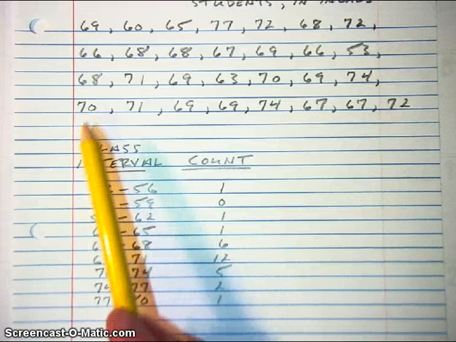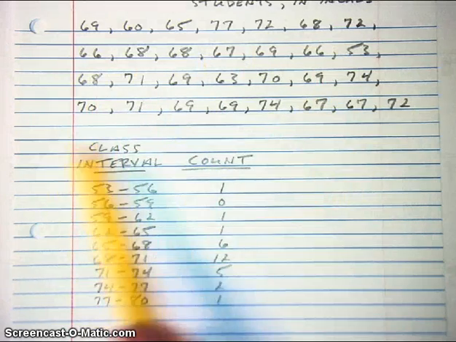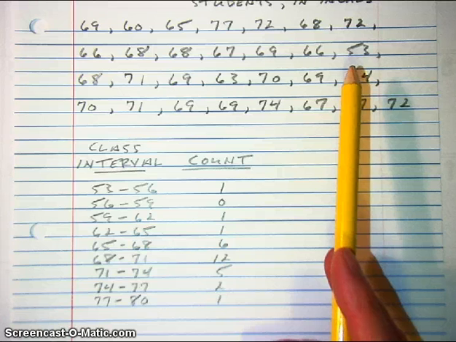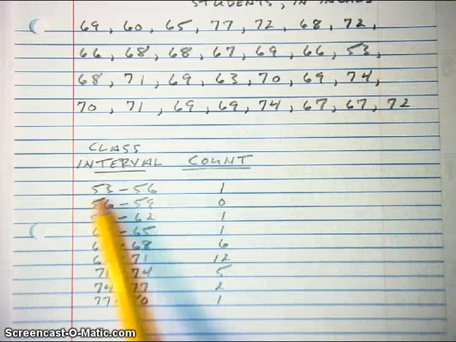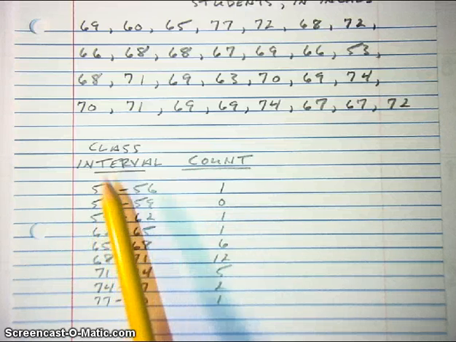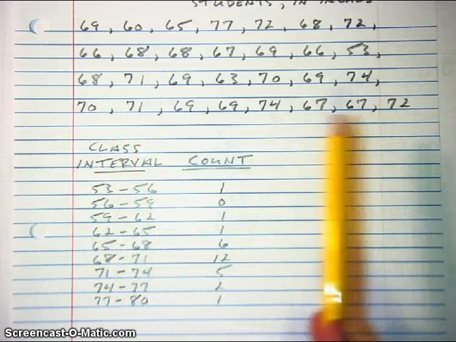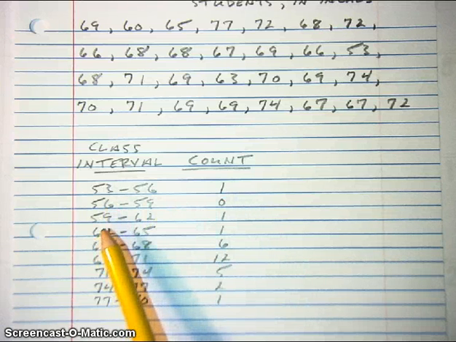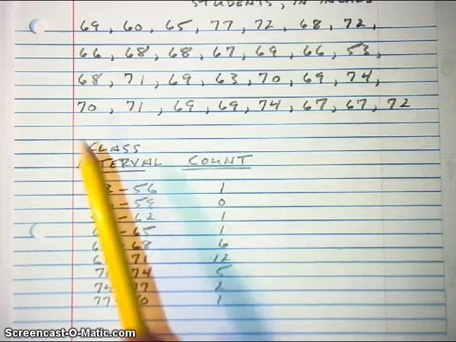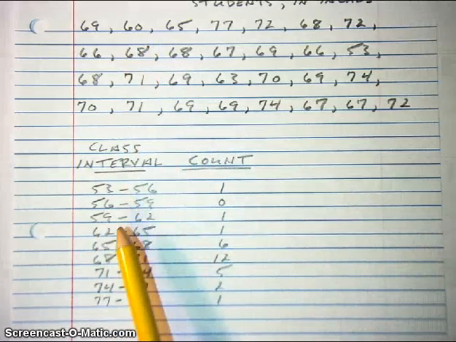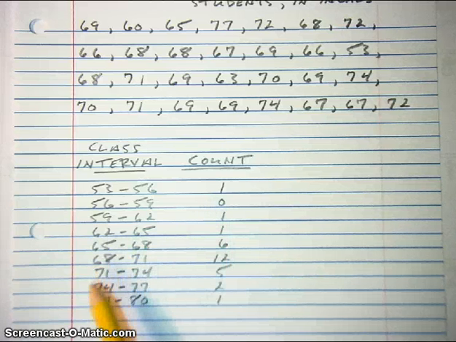So I look across, I see there is only one 53. There's only one value between 53 and 56, and so I have a count of 1 in that interval. I don't see any values 56, 57, or 58 in here, so I have a count of 0 for that interval. From 59 to 62, I look around, I see there's a 60. That's the only one that falls in that interval, so I put a count of 1, and so on.